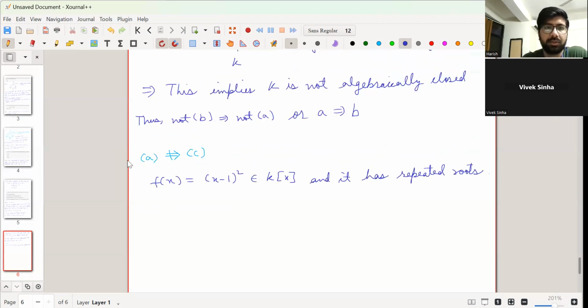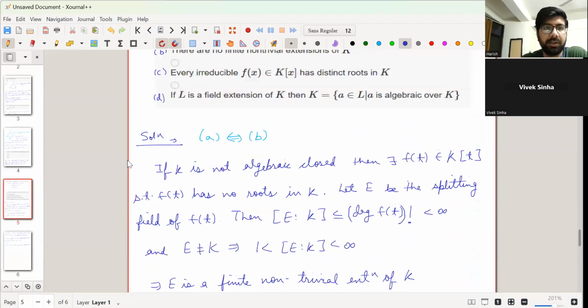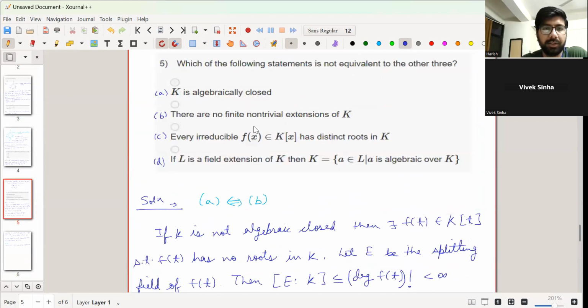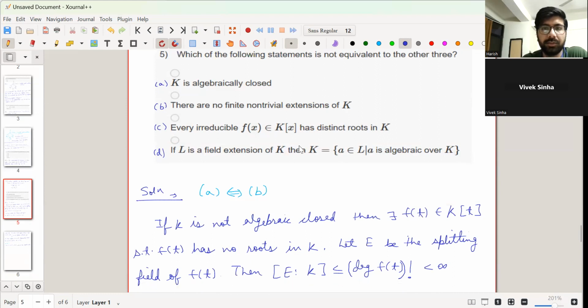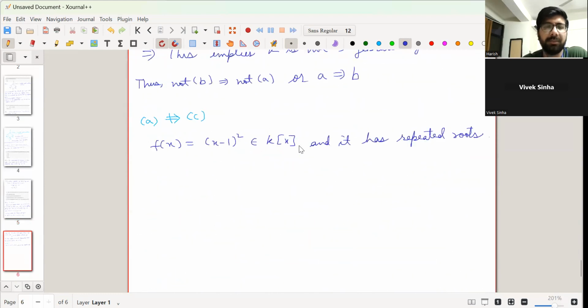So even if it is algebraically closed, it doesn't guarantee that it has all distinct roots in K. For example, if you want to take an algebraically closed field, you can take C, so C is algebraically closed, and (x minus 1) square is inside C[x], and it has a repeated root, two times. So it's not guaranteed that each polynomial will have distinct roots, right? So they are not equivalent.